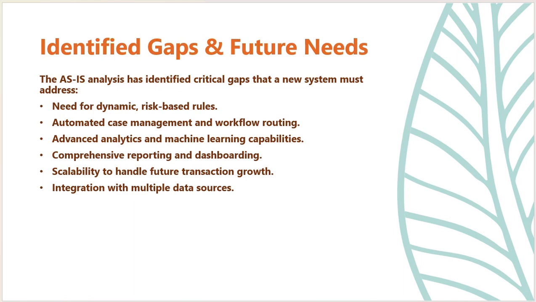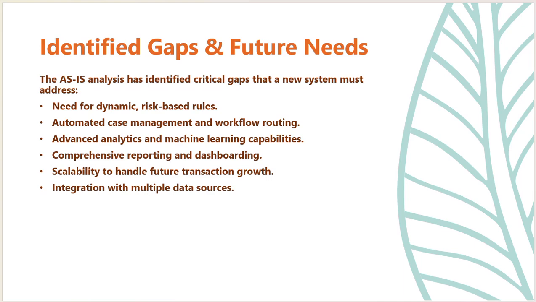Let's move on to identifying the gaps and future needs. As a business analyst, we need to identify the gaps in the current system so that we are fit for the future needs. The as-is analysis identifies the critical gaps that the new system must address. First, the need for dynamic, risk-based rules, or AI/ML-based rules, and automated case management and workflow routing.